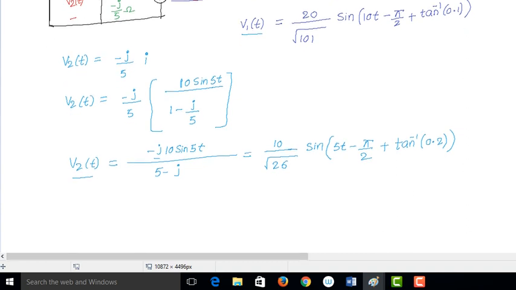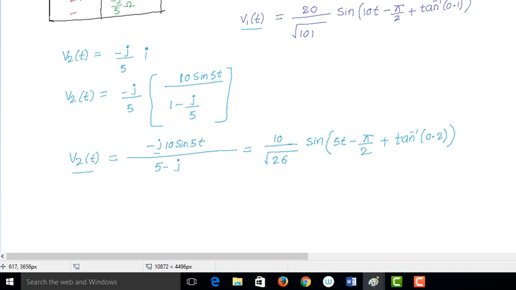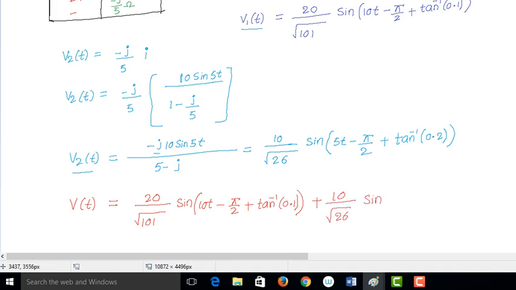The total voltage is the sum of these two voltages: V1 of t, which is 20 by square root of 101 sine 20t minus pi by 2 plus tan inverse of 0.1, plus 10 by square root of 26 sine 5t minus pi by 2 plus tan inverse of 0.2.